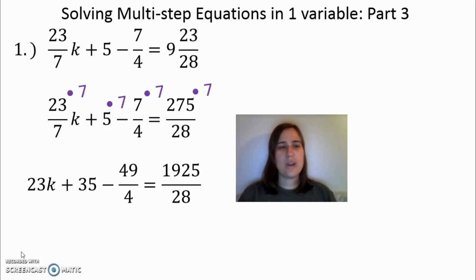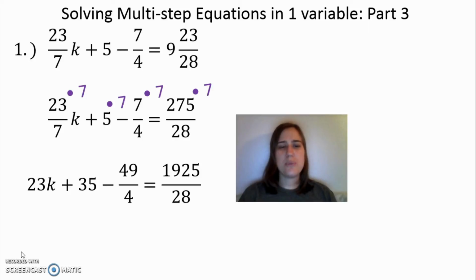So we end up with 23k because the denominator went away when we multiplied by 7. It canceled. And we have 5 times 7 is 35. And 7 times 7 is 49 over 4. And 275 times 7 is 1,925 over 28.